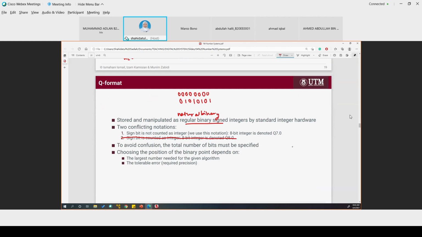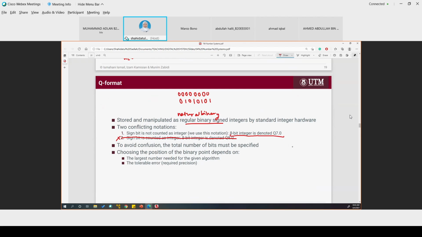So when we say 8-bit integer, we don't count the sign bit, so we just write Q70 instead of Q80. You don't have to care about the number 2 here, because we're just going to use this format in this course.